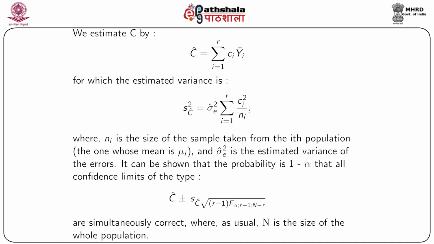It can be shown that the probability is 1 minus alpha that all confidence limits of the type C hat plus minus s_C times square root of (r minus 1) times F_alpha(r minus 1, n minus r) are simultaneously correct, where as usual n is the size of the whole population.